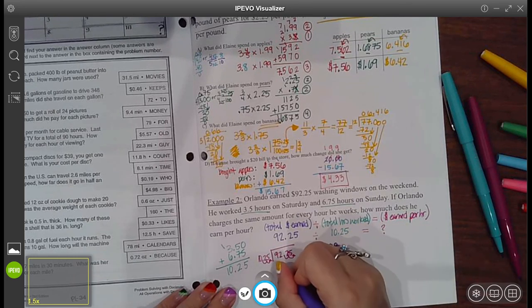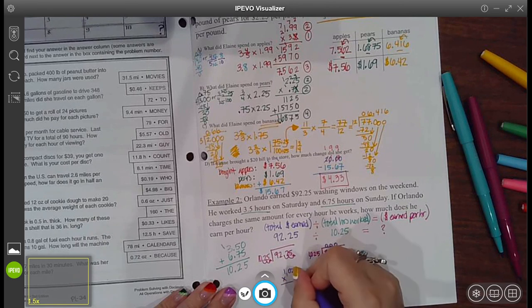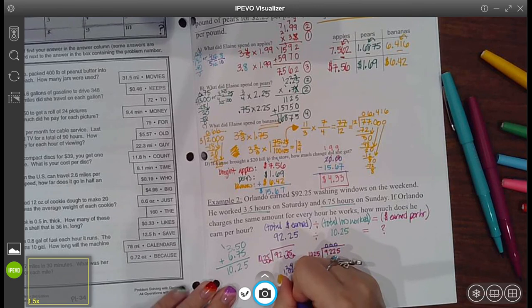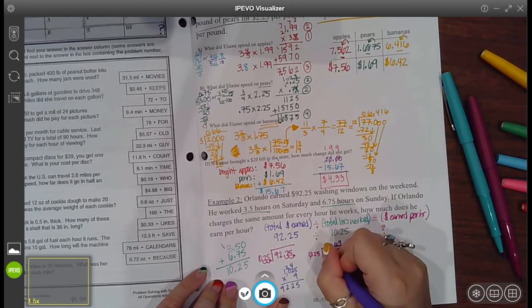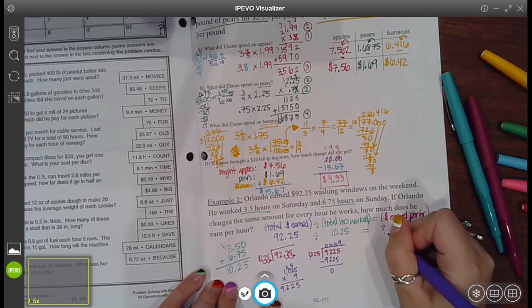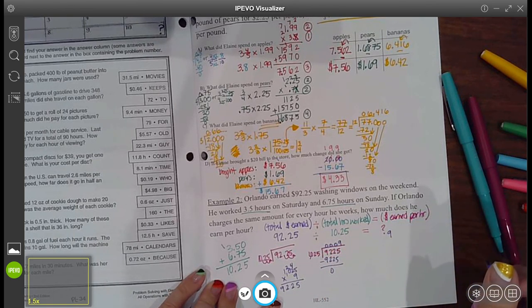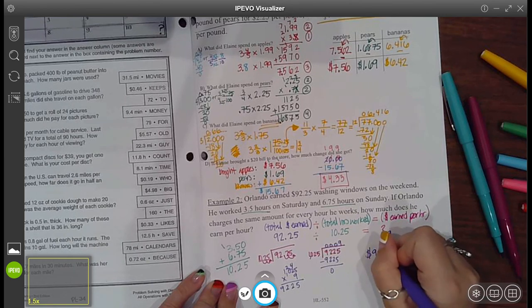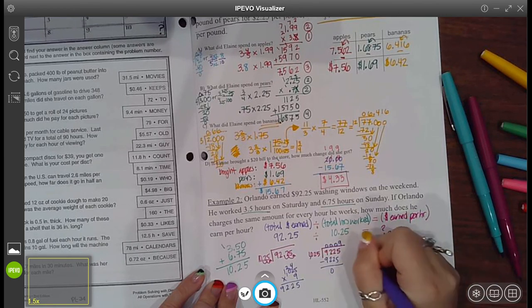So let's see what 1,025 times 9 actually is. That's 45, 18, 19, 20, 21, 22. 9 times 0 is 0, plus 2 is 2. 9 times 1 is 9. Look at that. It went in perfectly evenly. So we got an answer of 9, which means you earn $9 per hour.